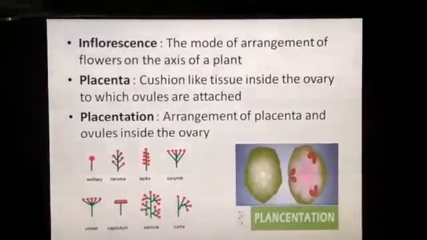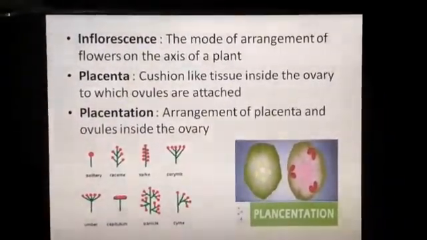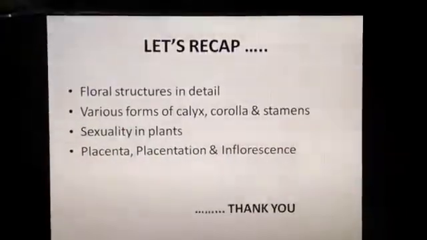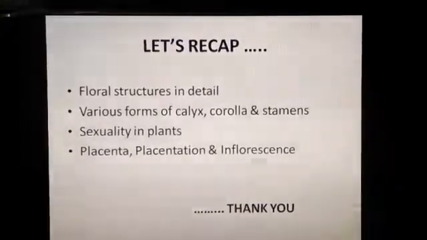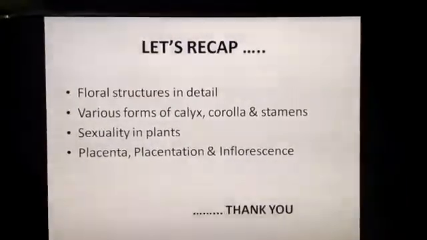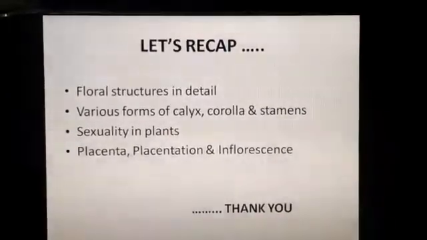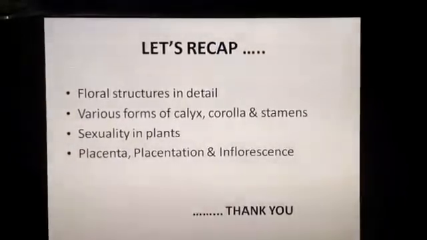With this, we come to the end of today's video and we also come to the end of the chapter Flower. Let's do a quick recap. Today you learnt about the floral structures in detail, various forms of calyx, corolla and stamens, sexuality in plants, placenta, placentation and inflorescence.